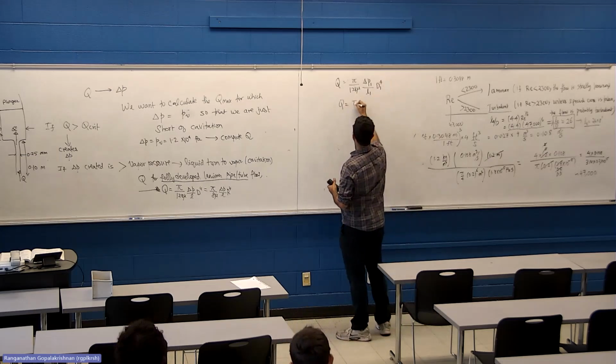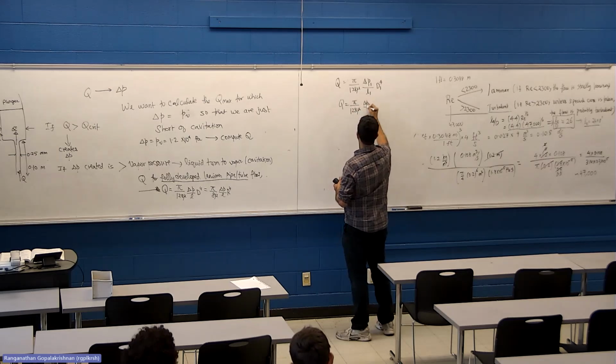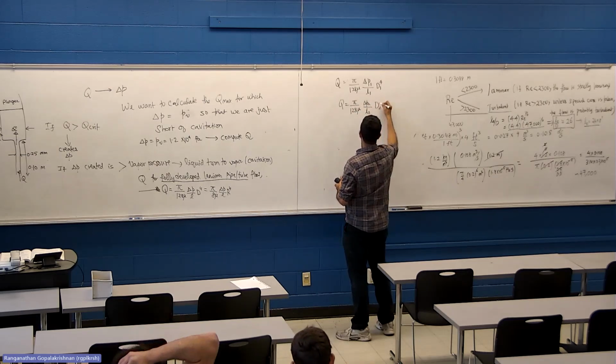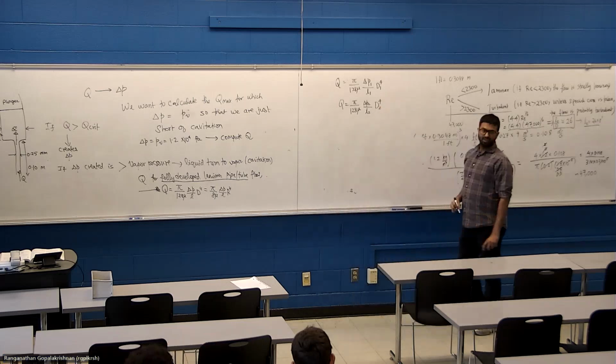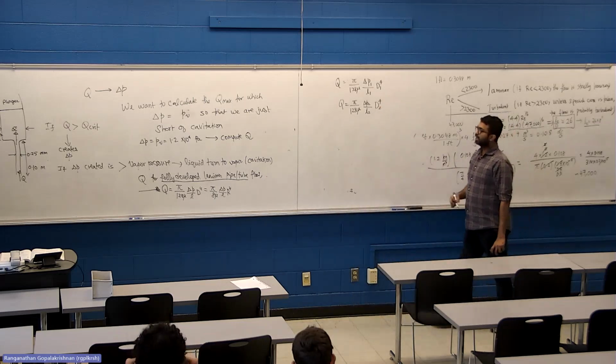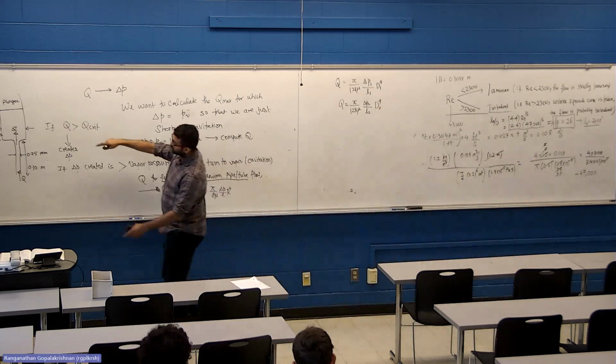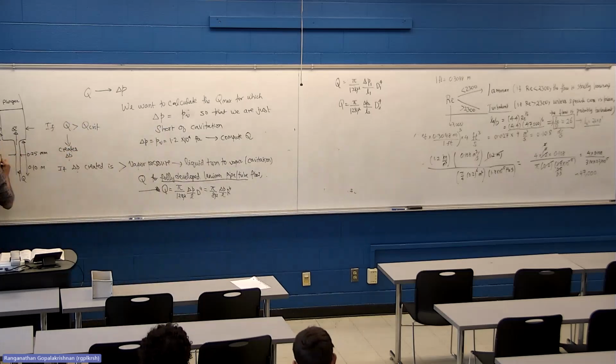Q is also equal to pi over 128 mu, delta P2 over L2, times D2 to the 4. It's the same flow rate. I'm just applying the equation twice, once for section 1 and once for section 2.